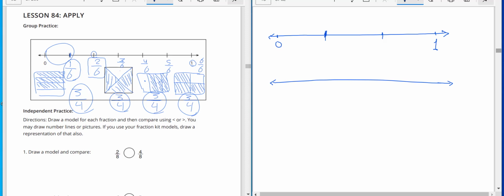From 0 to the first mark is called 1/3, the second mark is called 2/3, and this one is called 3/3.